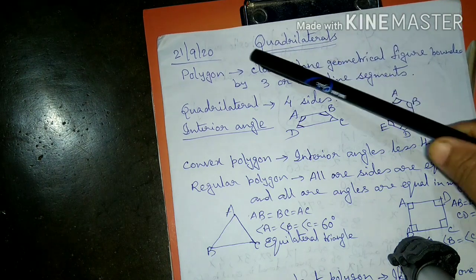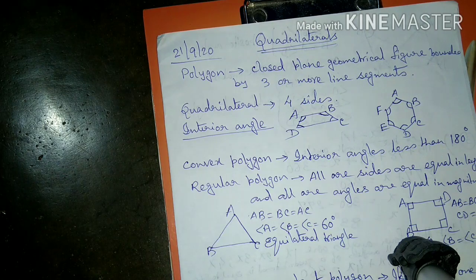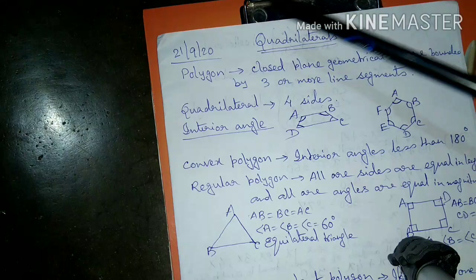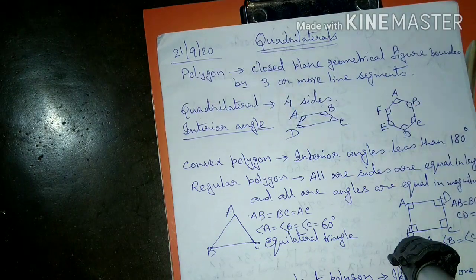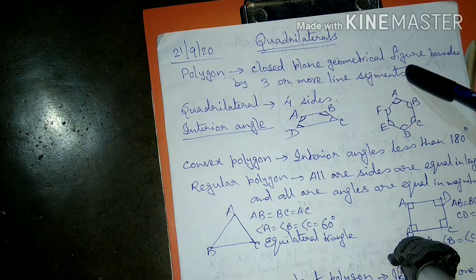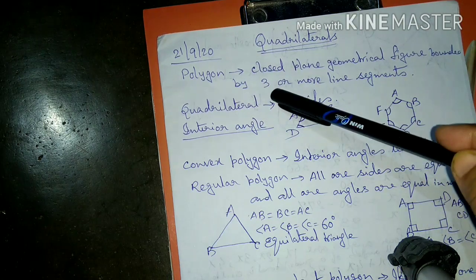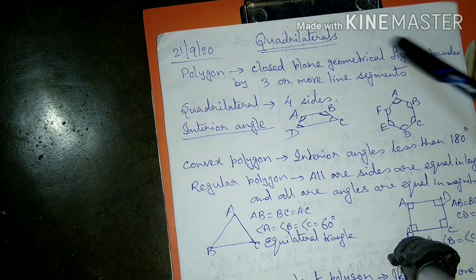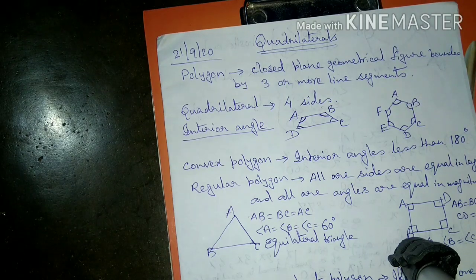In geometry, we'll study about quadrilateral. Before that, we'll know about what is polygon. Poly means many. So a closed plane geometrical figure bounded by three or more line segments, like triangle. In triangle, how many sides are there? 3 sides are there. In square, how many sides are there? 4 sides.